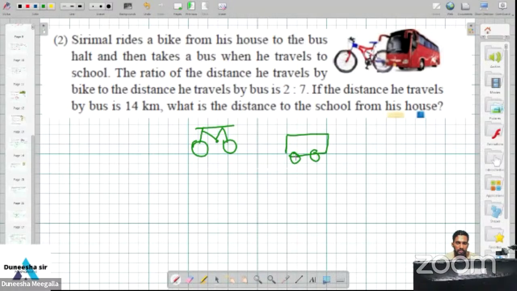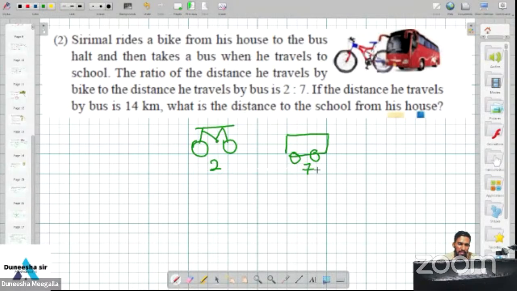I draw and sketch. What is the he travel by bicycle ratio is 2. Then bus 7.